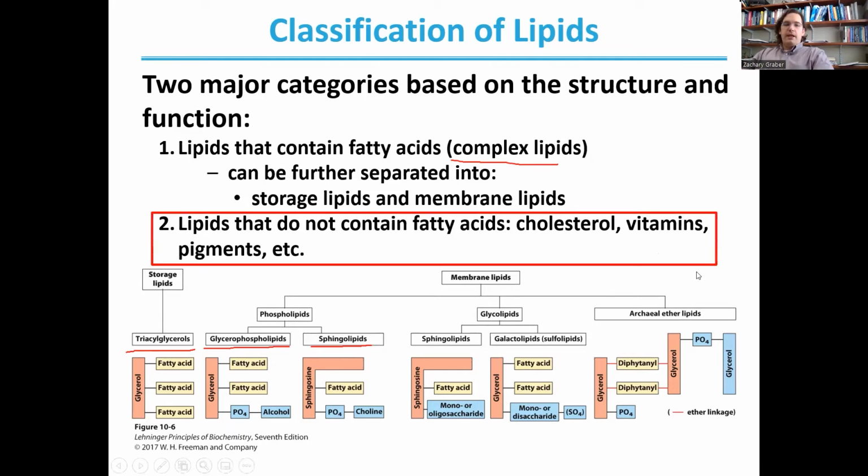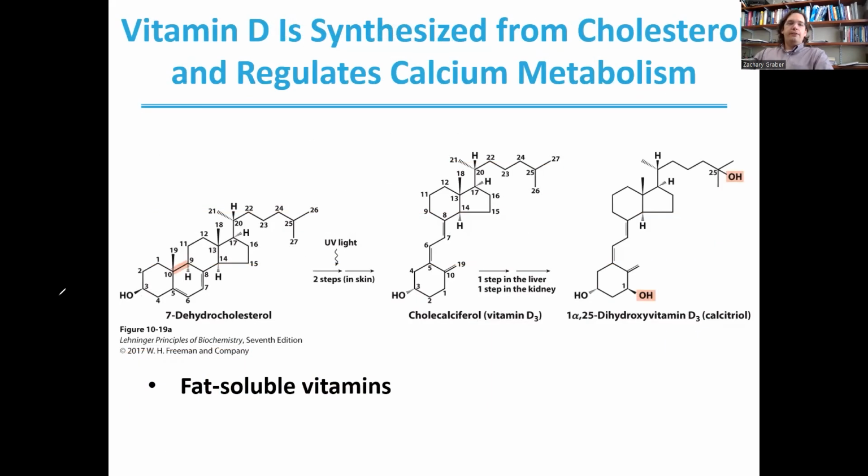Our second main class of lipids, our lipids that don't contain fatty acids, will also play a key role in many different signaling interactions. So next, we'll take a closer look at these more diverse structures of our lipids and how they're involved in signaling. As I mentioned previously, our biologically active lipids will include our fat-soluble vitamins.